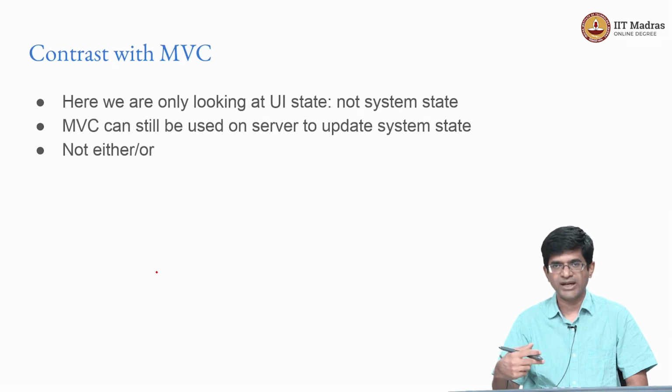As long as you have that flow, you can keep the management of the state relatively clean and under control. And the important thing to keep in mind is that MVC and the other state management pattern is not an either-or proposition. It's not that you need to choose either MVC or the action state view model that I spoke about just before this. They refer to different parts of the system and they are both applicable in different contexts.